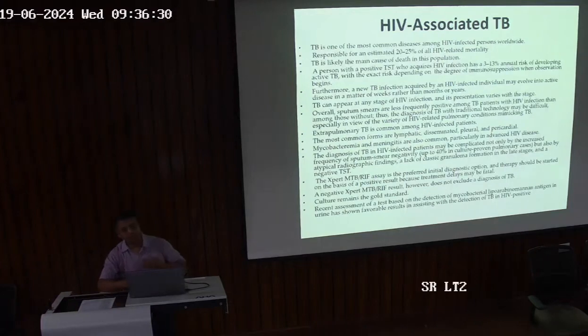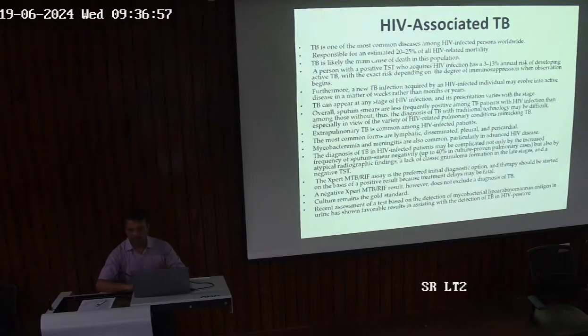A person with a positive TST who acquires HIV infection has a 3 to 13% annual risk of developing TB. So the person has tubercular bacilli in the body because the test is positive. The skin test for tuberculosis is the Mantoux test. If the test is positive, it means there is an infection inside the body, but at the same time we have immunity.